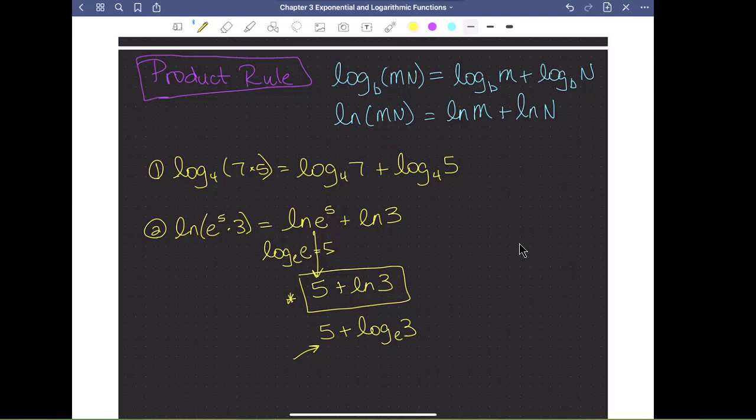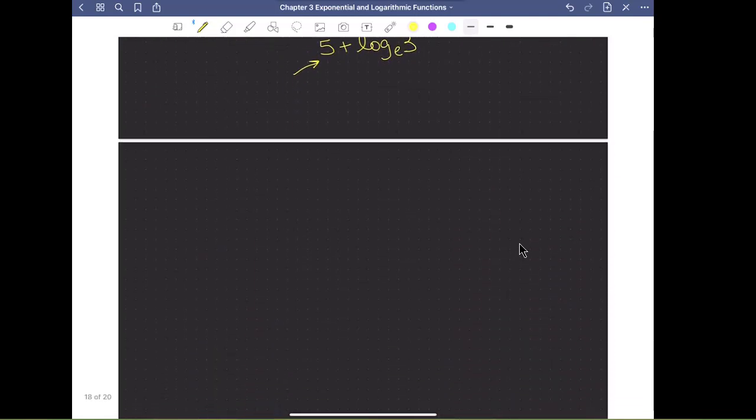Well, since we did the product rule, we might as well do the quotient rule. And in mathematics, quotient means divide. So let's say we had the log base b of m divided by n.